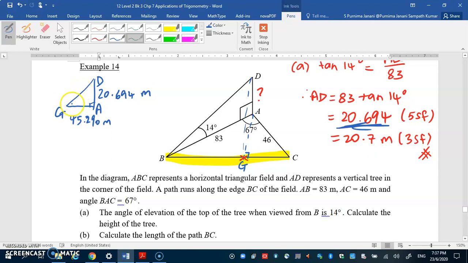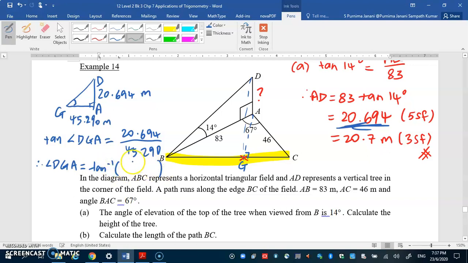Okay, so the greatest angle of elevation, right, will be here, which is angle DGA. So form your equation. Tangent of angle DGA is going to be equal to opposite over adjacent. Therefore, angle DGA is equal to tangent inverse of this whole thing, 20.694 over 45.290. 20.694 divided by 45.290.